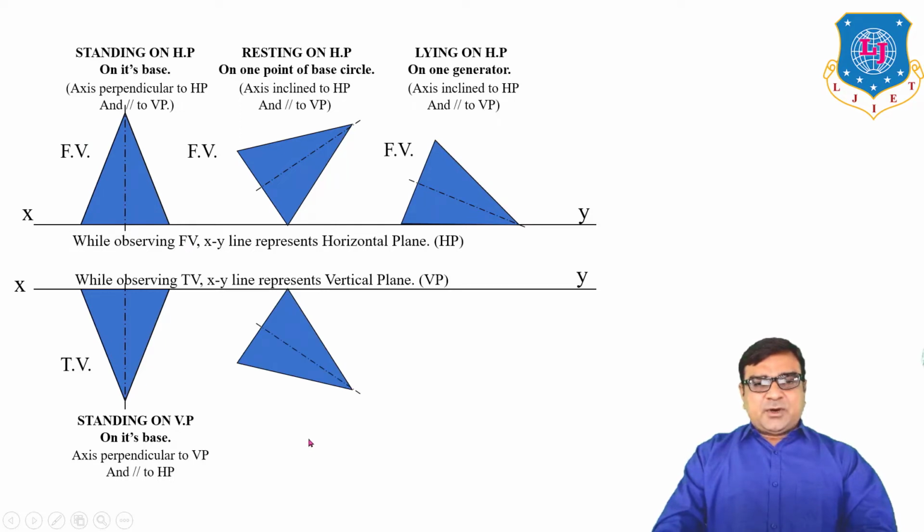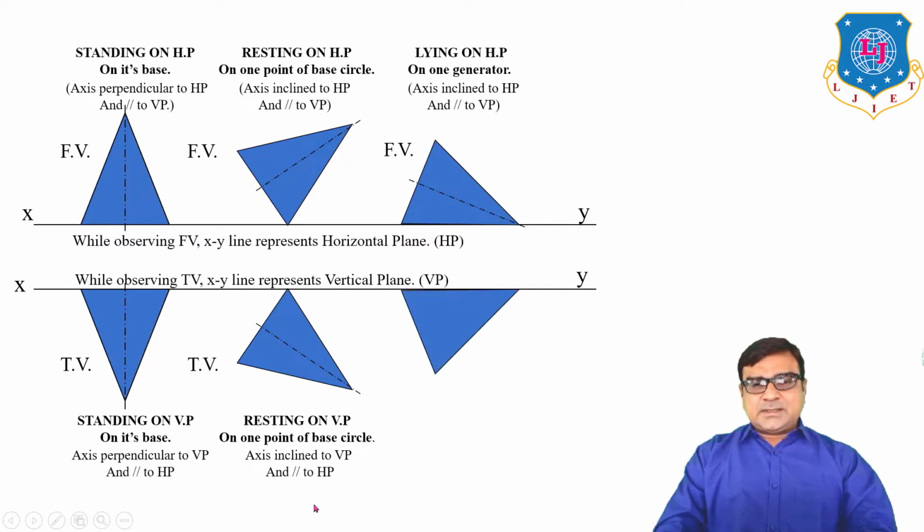Second position for the top view: if one point of the base is in VP, the axis is inclined to the vertical plane and parallel to HP. That's why the top view looks like this. And in the third case, when one of the generators is lying on VP, the axis is inclined to VP and parallel to HP.